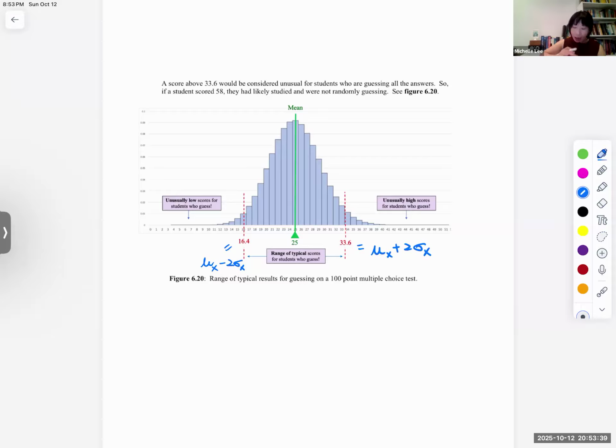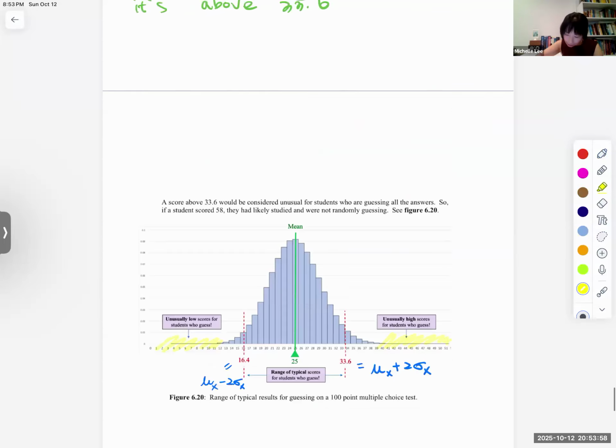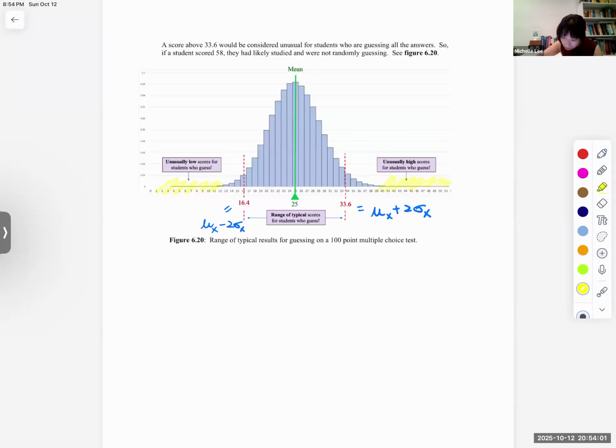After that is the unusual part, right? This part is unusual, and this part is also unusual. And then where is 58? Probably here is the 58. Yeah, unusually high score.